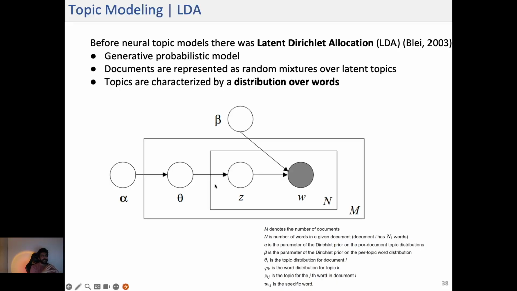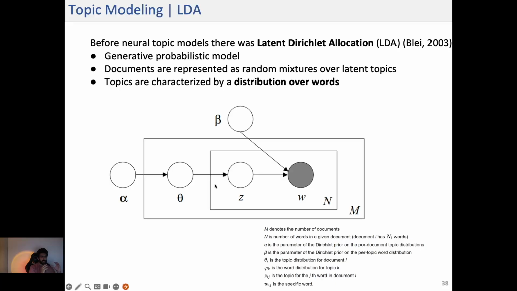And then we go into theta. For each document i, we sample a topic distribution theta sub i from the Dirichlet distribution defined by our alpha. Think of it as saying this document is 70% about politics and 30% about sports.